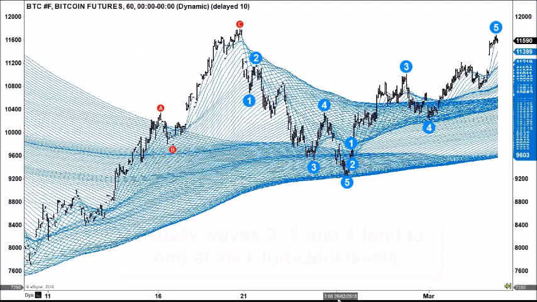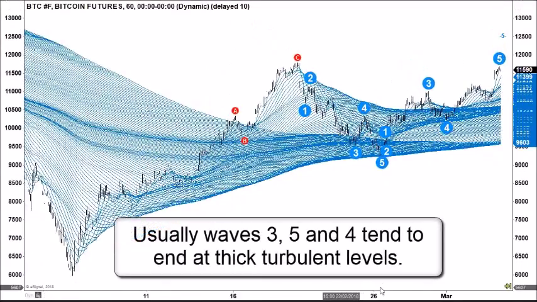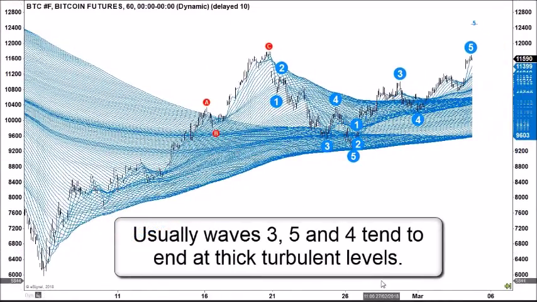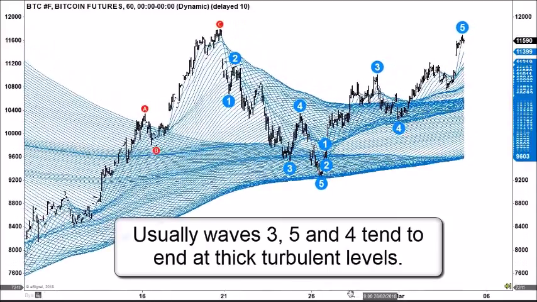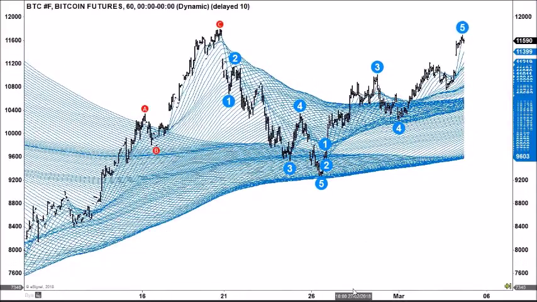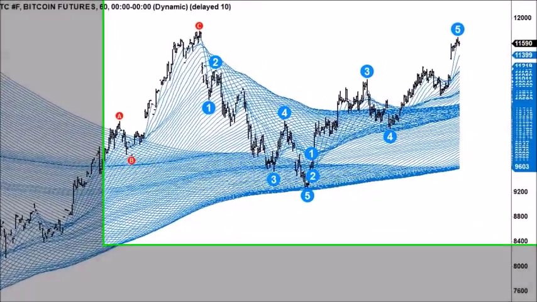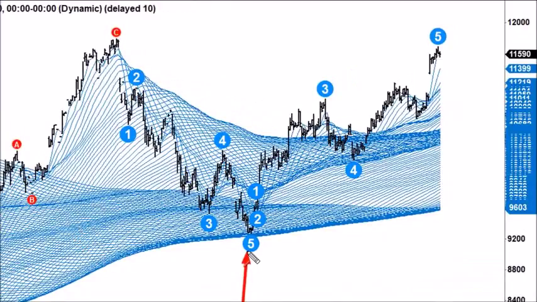And what I found out through our research is that often wave counts, so wave 5 and wave 4, sometimes wave 3 as well, tend to end or come to a completion in these thick levels of turbulence you see here. For example, here the wave 5 came to an end right there on the edge of that thick turbulent level, just at the end of that turbulence cloud.